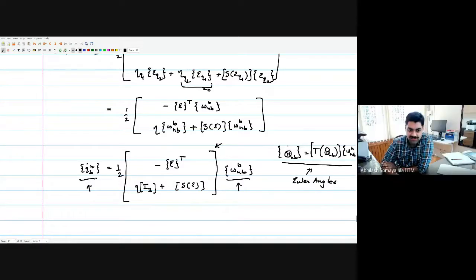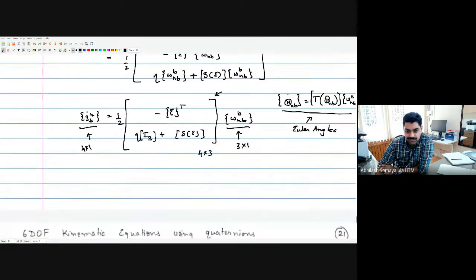Yes. Because we have the quaternion which is 4 cross 1 and we have the angular velocity of the body which is 3 cross 1. So this thing should be 4 cross 3. It should have 4 rows and 3 columns.